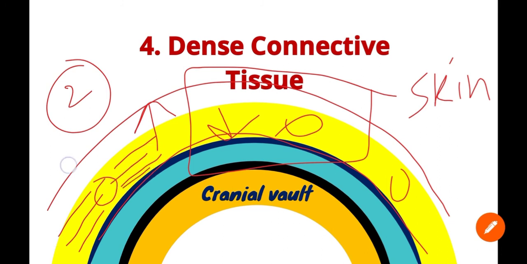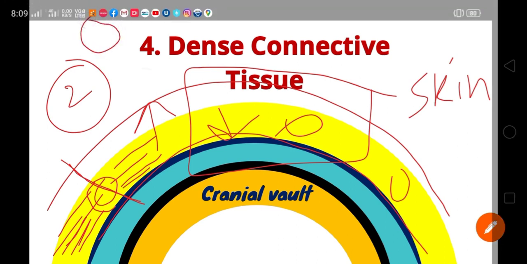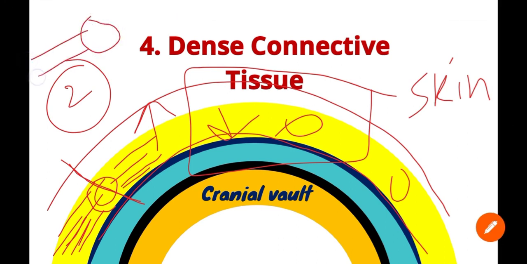So in case of any injury, because of the firm attachment of the blood vessels to the dense connective tissue, retraction of the blood vessel is very difficult, because the fibrous tissue is firmly connected to the blood vessels.